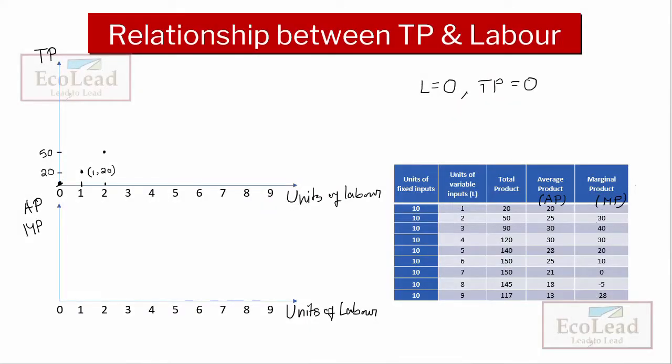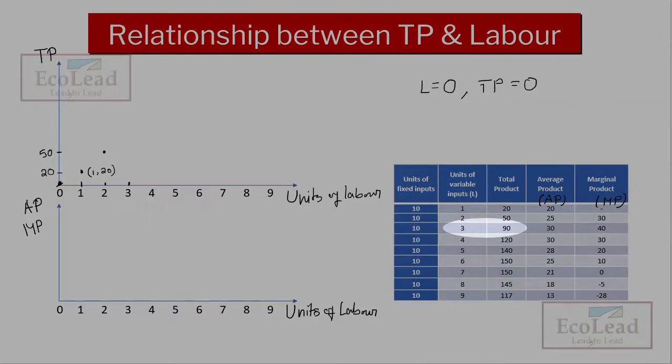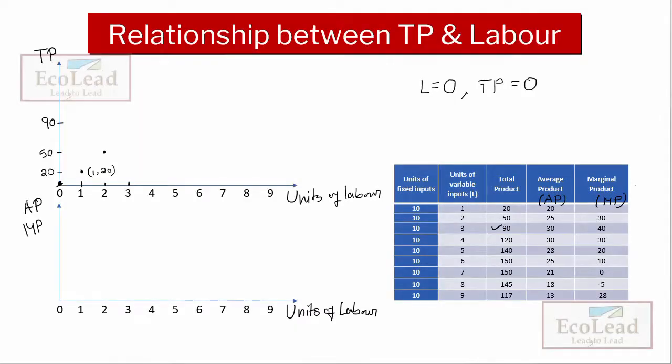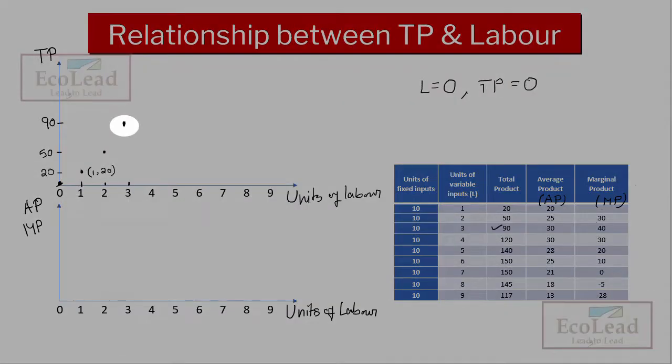Now how much is being produced when we are engaging 3 units of labor? If we engage 3 units of labor, we can see here the total product becomes 90. We can get a point which will be 90 units of output by engaging 3 units of labor.